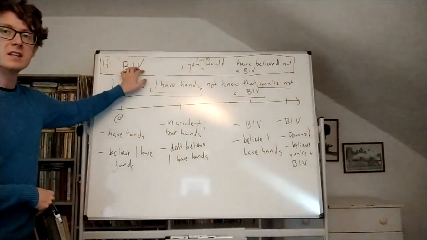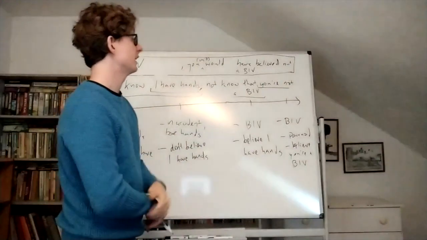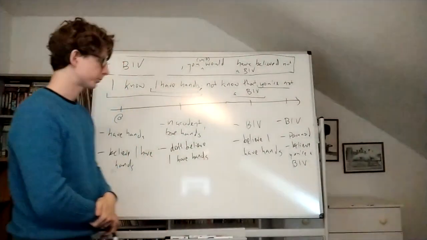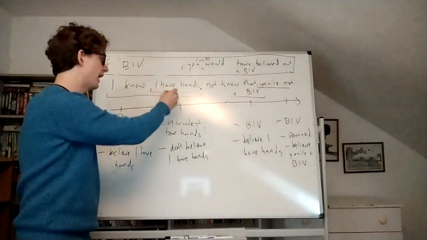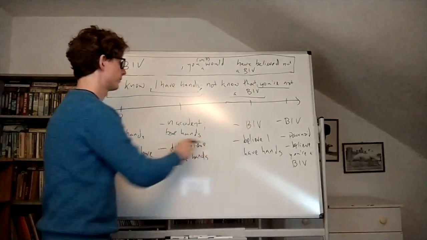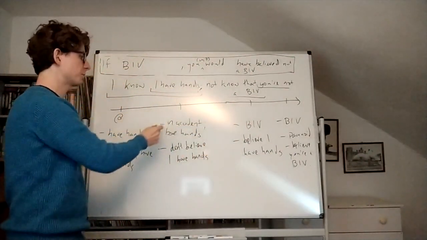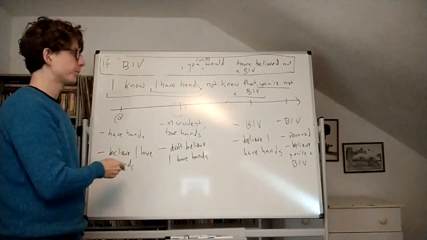So let's see, why is this counterfactual true? Why is it true that if you had been a brain in a vat, you still would have believed that you were not a brain in a vat? Well, when we were thinking about the ordinary proposition that you have hands, we saw that you shouldn't focus on the brain in a vat worlds. You should focus on these more similar worlds, because these are the most similar worlds where the ordinary proposition is true.